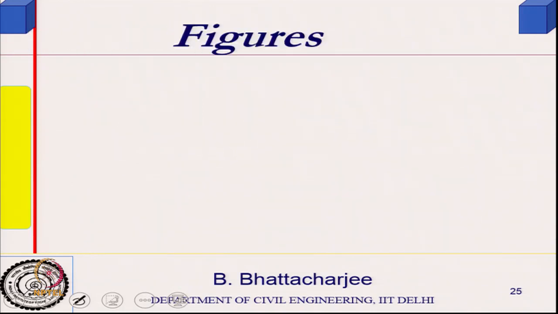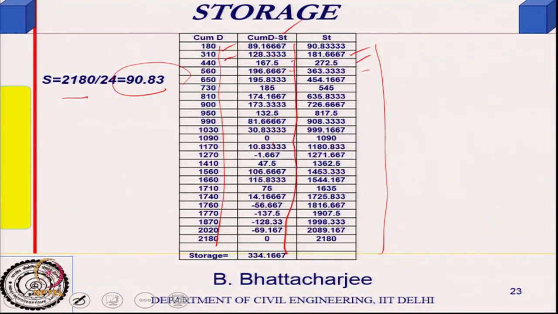So, you can find out the storage capacity, which comes out to be a sum total of 334, because the maximum positive value is, I think, 196, and the maximum negative value is 137.